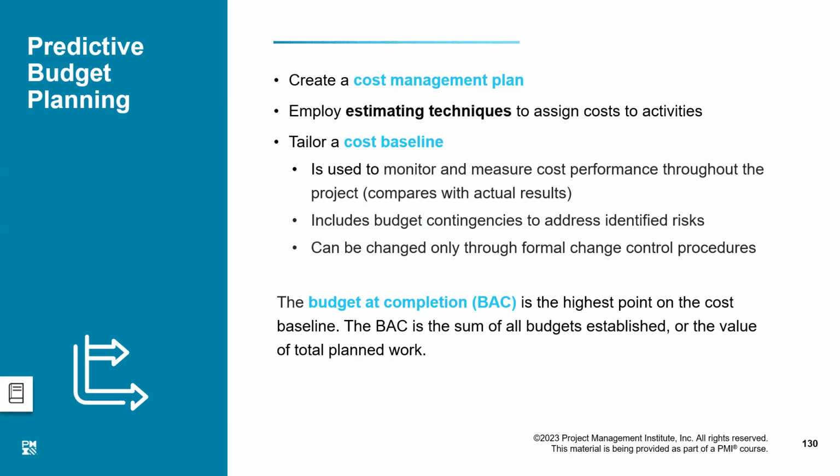Once a cost baseline has been established, we cannot change it because it has been approved by the higher authority, and therefore we call it a cost baseline. And if at all we have to make any amendments to the cost baseline, we will have to seek permission from the authority who baselined it, and they will only allow us to make the changes. Otherwise, we have absolutely no authority whatsoever to amend this cost baseline.